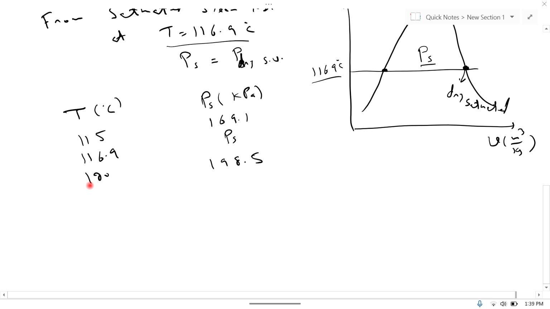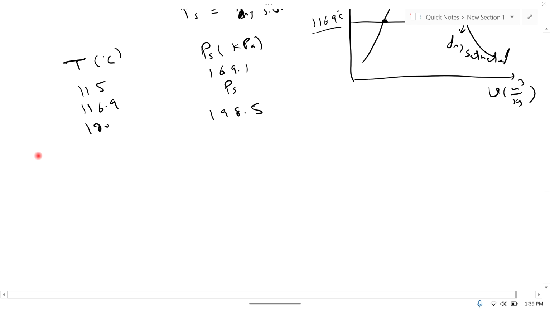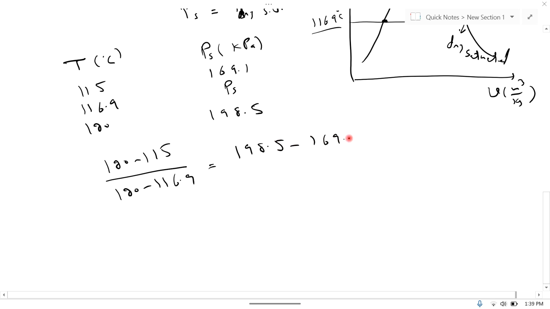So do interpolation: third minus first divided by third minus second. 120 minus 115 divided by 120 minus 116.9 is equal to 198.5 minus 169.1 divided by 198.5 minus saturation pressure.